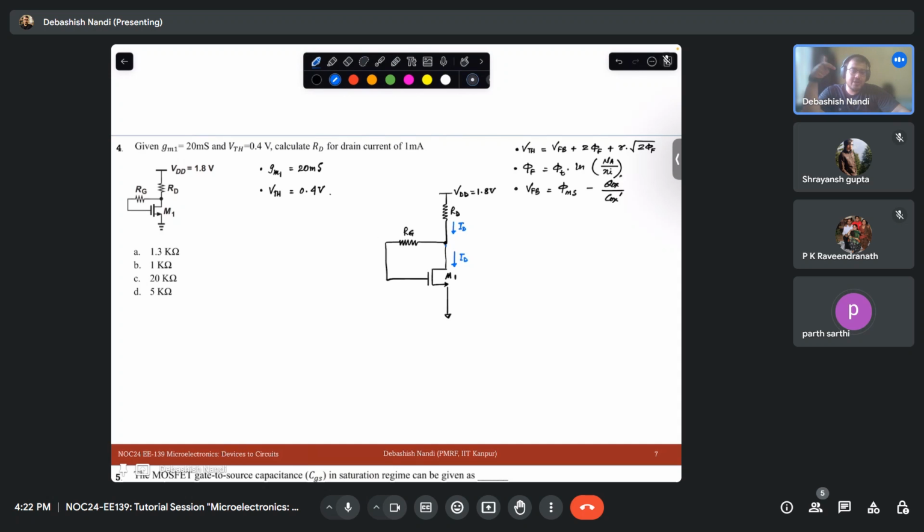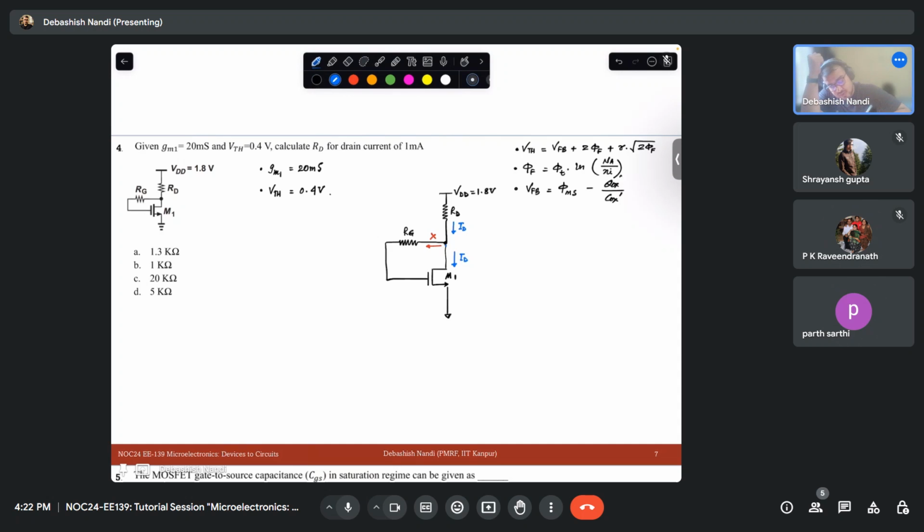Is ID flowing only in the vertical branch and no current is flowing in this branch? Yes, the gate is open circuit, so ID will flow in that branch only. So you have understood why I have drawn that ID, right? Okay.